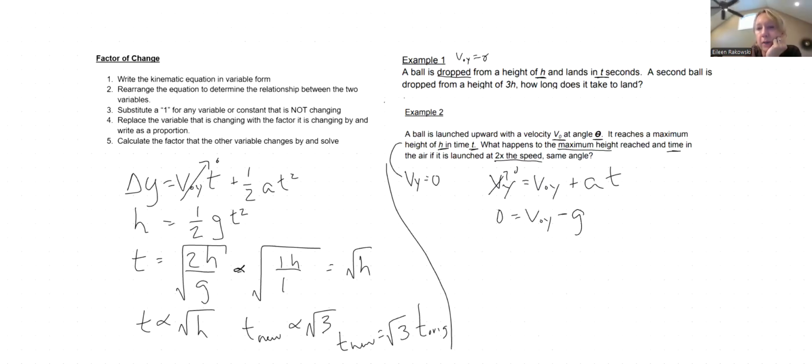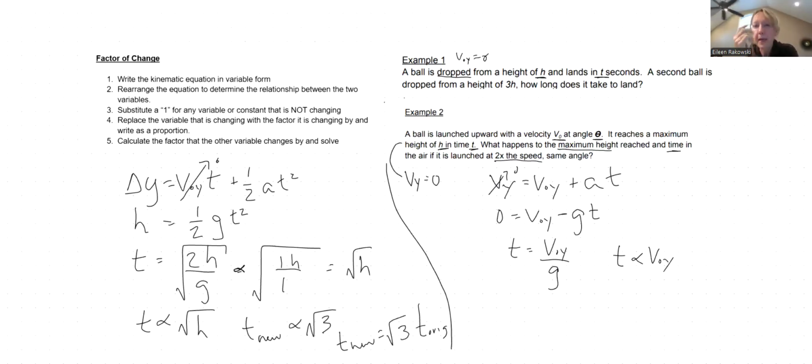I'm going to solve this for t, and I get t is equal to v initial y over g. Okay, we rearrange the equation. The next step is substitute a 1 for any variable or constant that is not changing. Well, g is not changing, so we could say that t is proportional to v initial y.